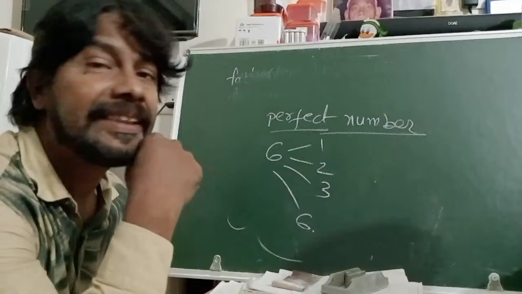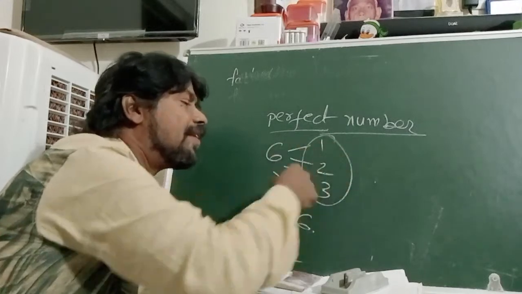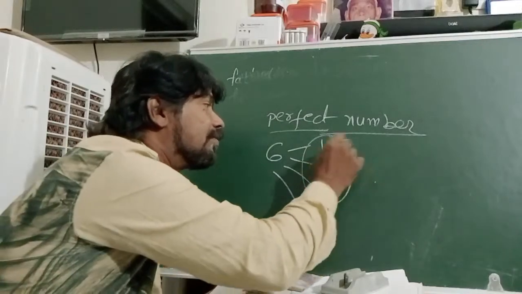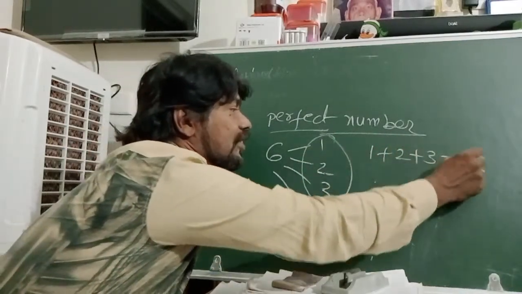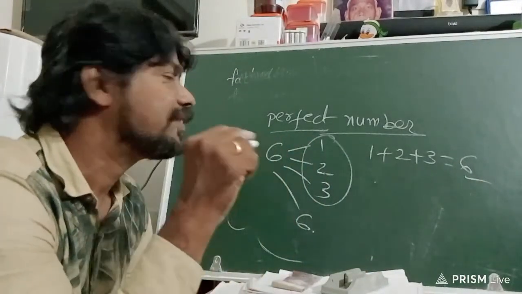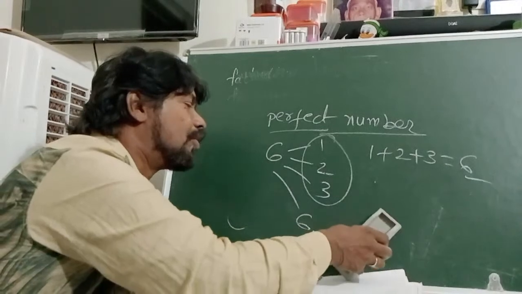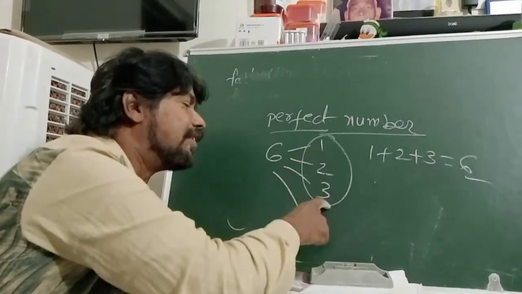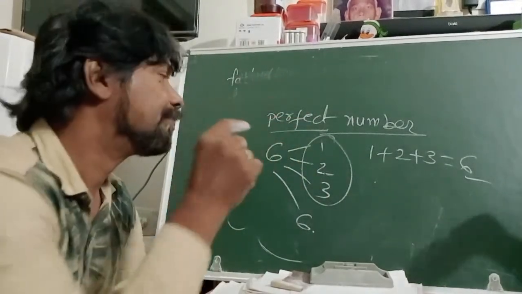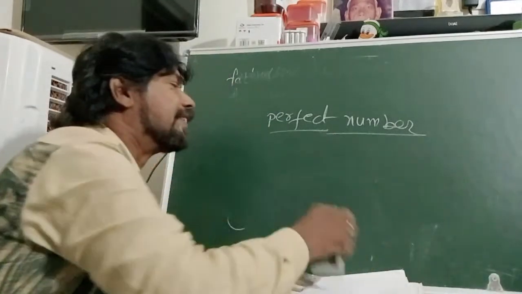Now here, sum of the factors except that number: 1, 2, 3. 1 plus 2 plus 3 is equal to 6. So 6 is a perfect number.